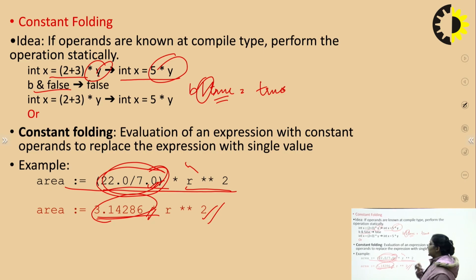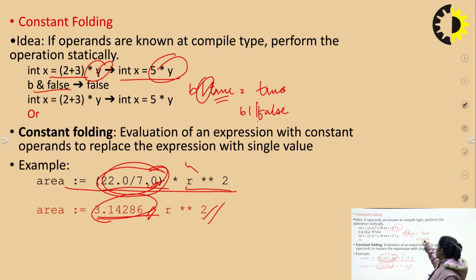The basic thing is that computation should be done only at the point where it is required. If I write B or false, I do not know the output, because the value is true if any one of the values is true.